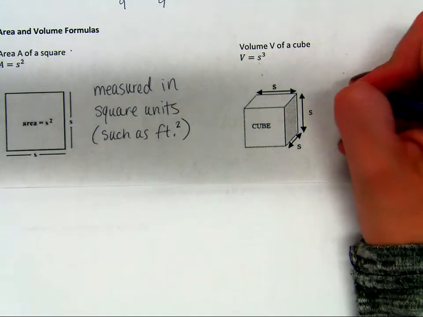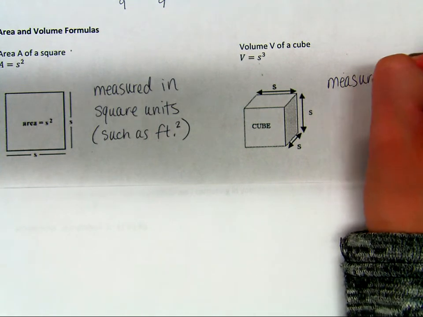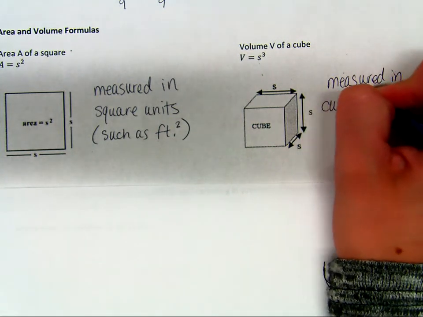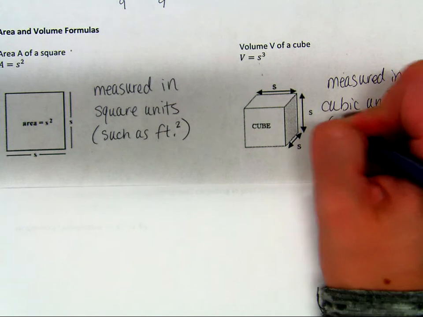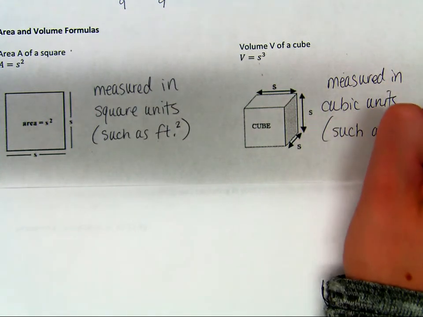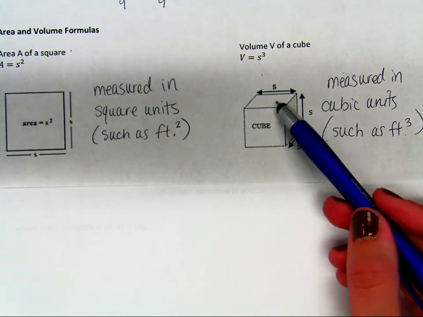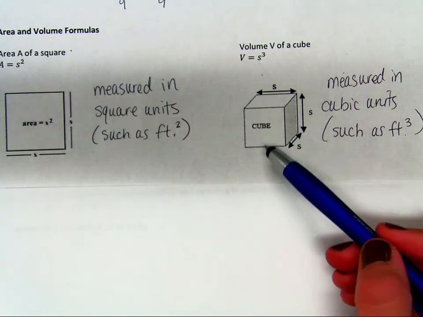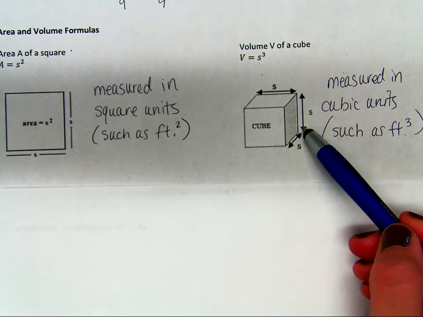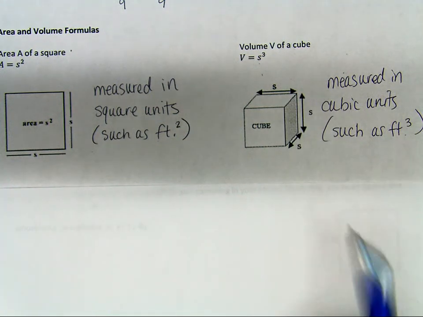This is measured in cubic units, such as feet cubed. So if I were to find the volume of this cube and I measured each of the sides in feet, once I find the volume, s times s times s, I would label it with feet cubed. That's my unit for volume.